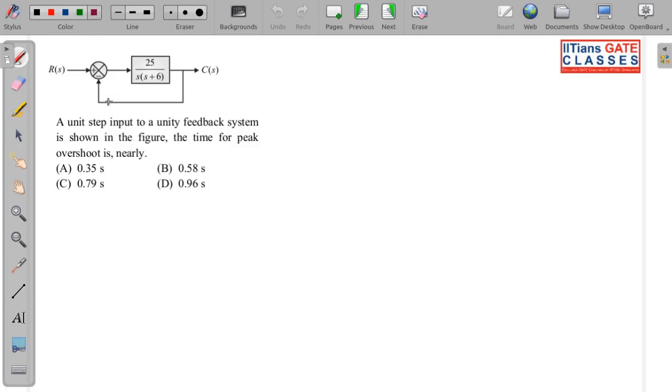It is given that a unit step input is applied to a unity feedback system shown in the figure. The time for peak overshoot is nearly what? So peak overshoot they are asking. Time for peak overshoot means the peak time, which is equal to pi by omega d.